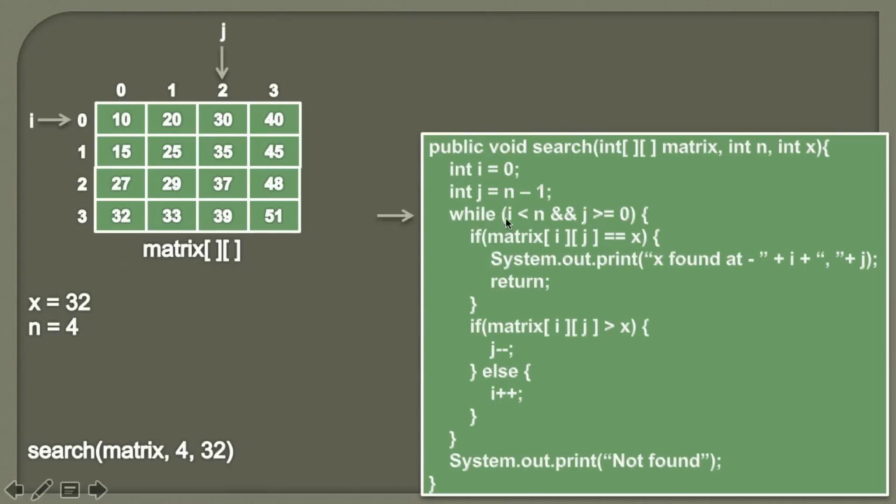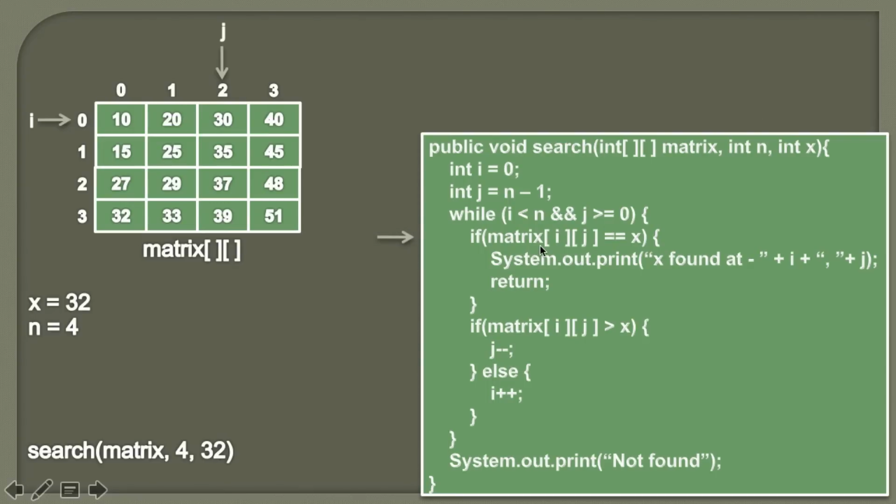Then we are again checking whether i is less than n and j is greater than or equal to 0 or not. So here you can see i is less than n because the value of i is 0, so it is less than 4. And j is greater than or equal to 0 because the value of j is 2, and 2 is greater than 0. So the condition in the while block comes out to be true.